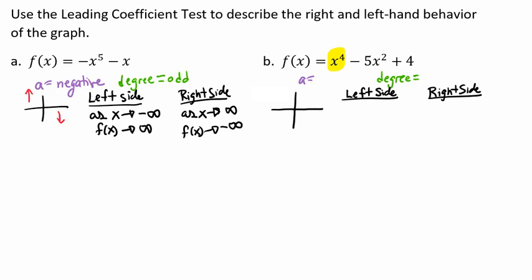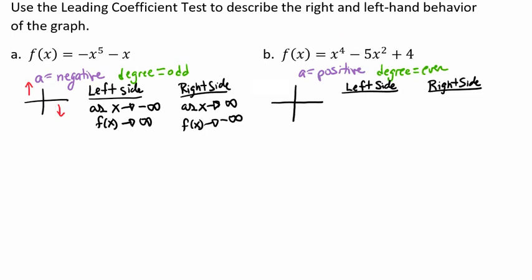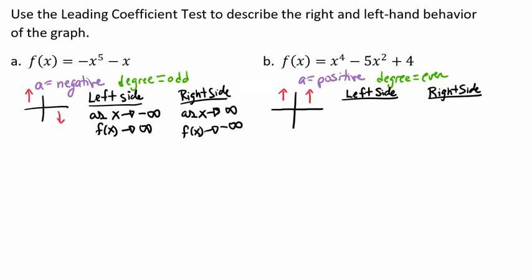Because our degree is 4, our degree is going to be even. So what would that look like on our graph? If we use the examples we just saw, we know that both the left and the right sides are increasing. If a had been negative, then they would both be decreasing.